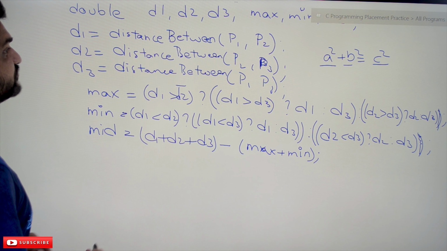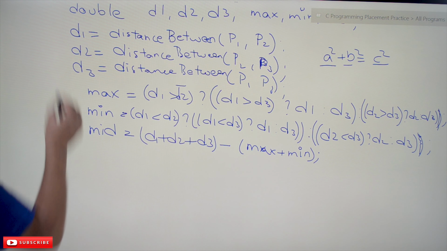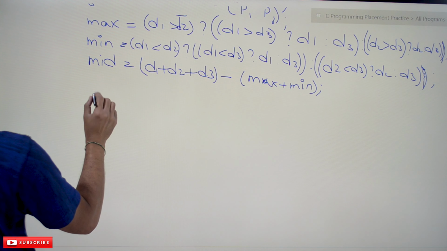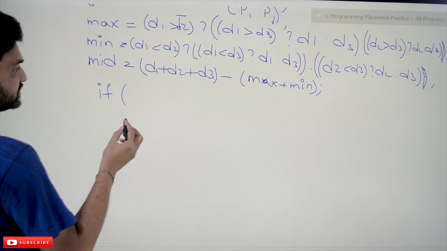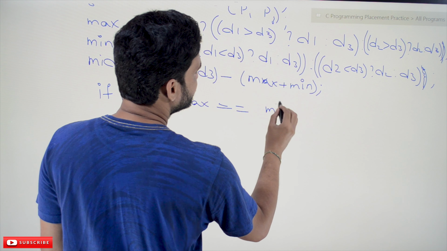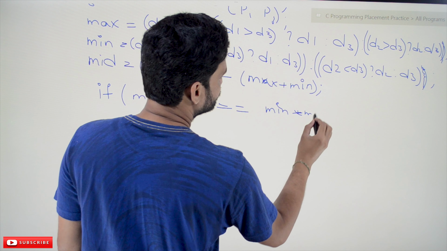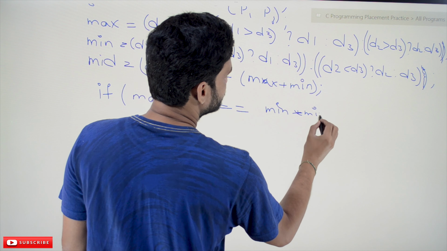Next we have to write the if condition. It is simple math: a square plus b square is equal to c square. C square means the maximum, so max into max is equal to min into min plus mid into mid.